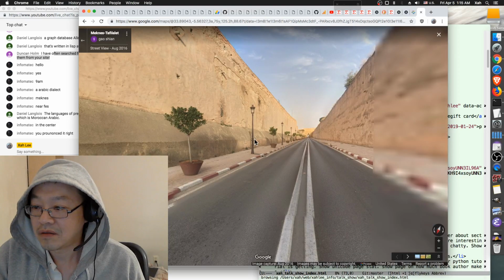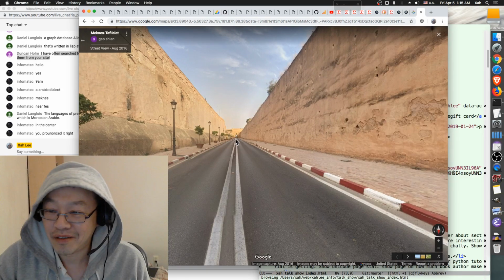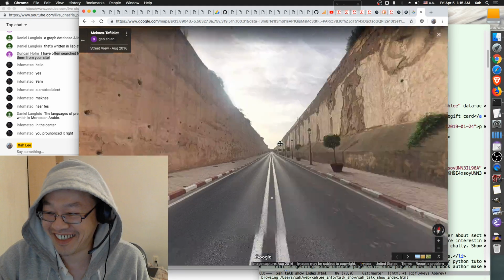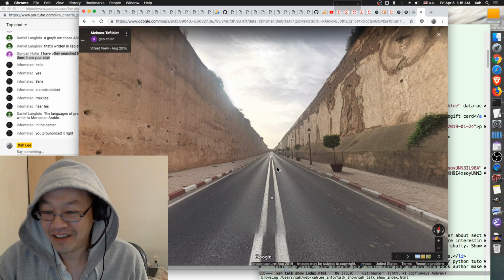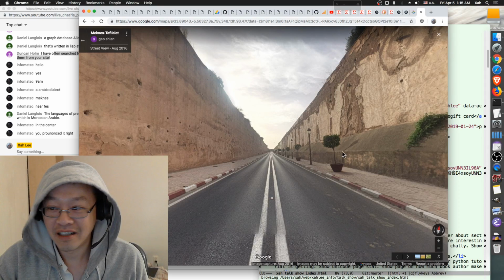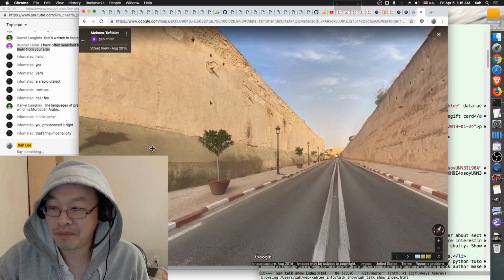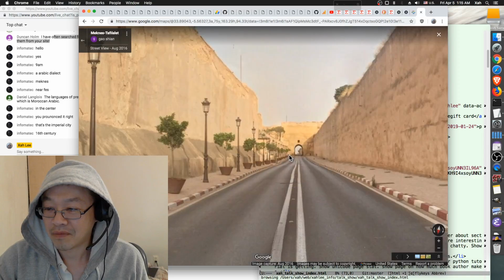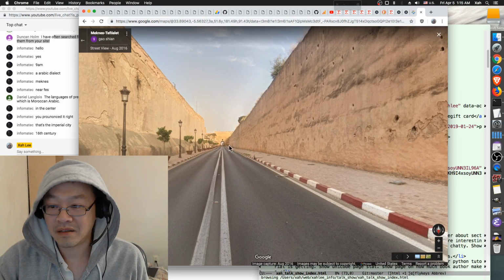Ooh, this is strange. You have a road, but both sides are walls. That's kind of strange. Why would they cover it with walls? Oh, Imperial City. I see. There's no street view, so I cannot go into it.